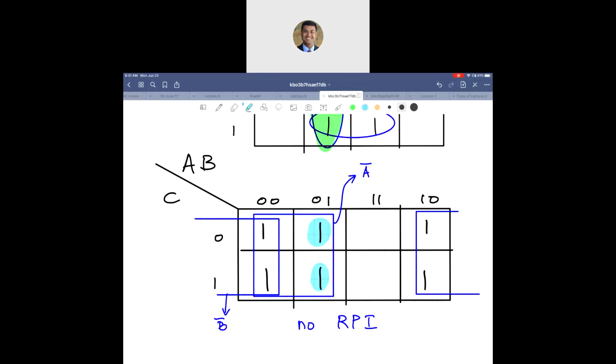So it cannot be redundant because it is essential. And the second prime implicant group for B complement has these two guys that belong to only that group. So it is essential. It is not redundant. So both the PIs in this case are essential. Do you see it? All right, wonderful.